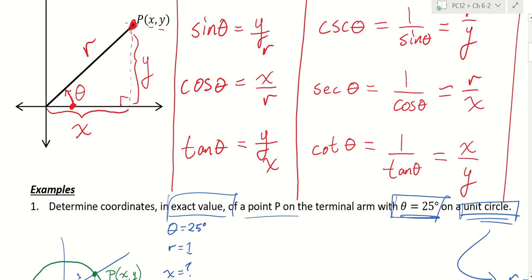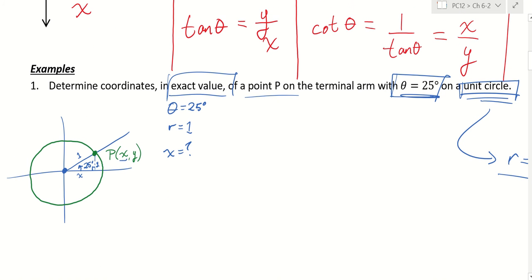If we have the angle and the radius and we're looking for x, we're not going to use sine, because sine would help us look for y, so we'll actually use that later. We're not going to use tangent because for tangent, we actually have 2 missing quantities. So let's use cosine. Cosine, we have the angle, we have the r value, and we're looking for the x value.